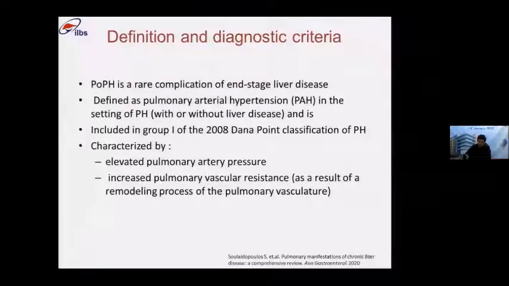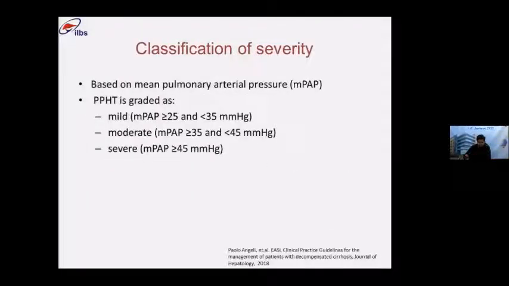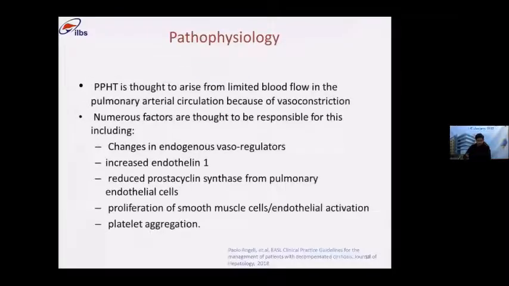It's characterized by elevated pulmonary artery pressure and increased pulmonary vascular resistance as a result of a remodeling process. Classification based on mean pulmonary arterial pressure: mild is more than 25 and less than 35 mmHg, moderate is more than 35 to less than 45 mmHg, and severe is more than 45 mmHg.